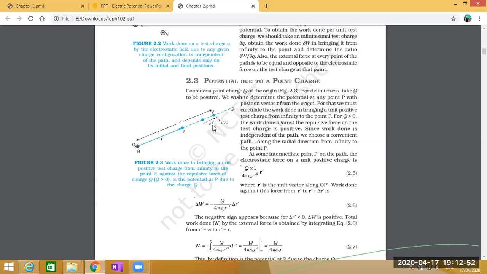So the amount of work done by the external force, or negative of electrical force, will be stored as electric potential energy.